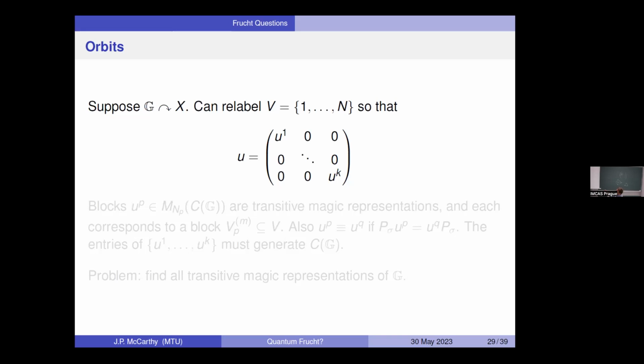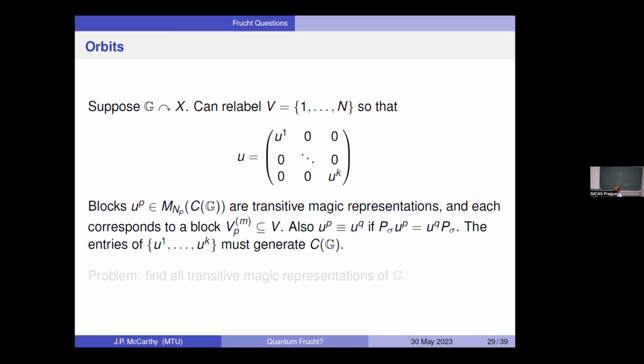So relabel the entries of the graph so that 1 to 3 is that orbit we spoke about, and then up here you'll have a 3 by 3 magic representation where everything is non-zero, and where you have one of these little things where it's not fundamental. This thing doesn't necessarily generate the algebra of functions, but it is a magic unitary because there's zeros everywhere else, and it has to be projections, and everything in there has to be non-zero.